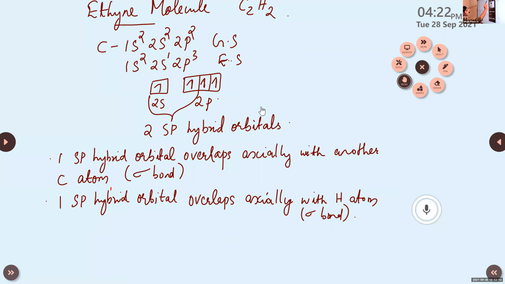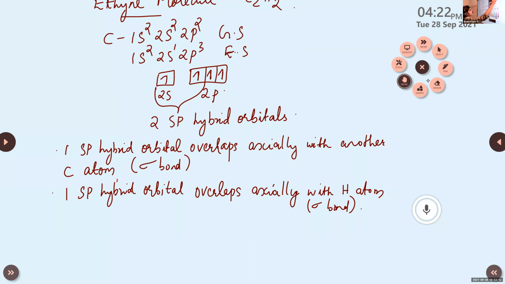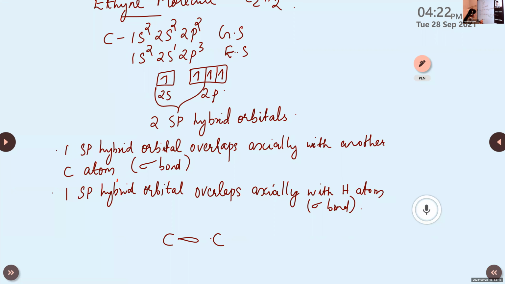Then we can draw the formation of this sigma bond. The two carbon atoms will overlap axially, and the two hydrogen atoms also. Three sigma bonds are formed.